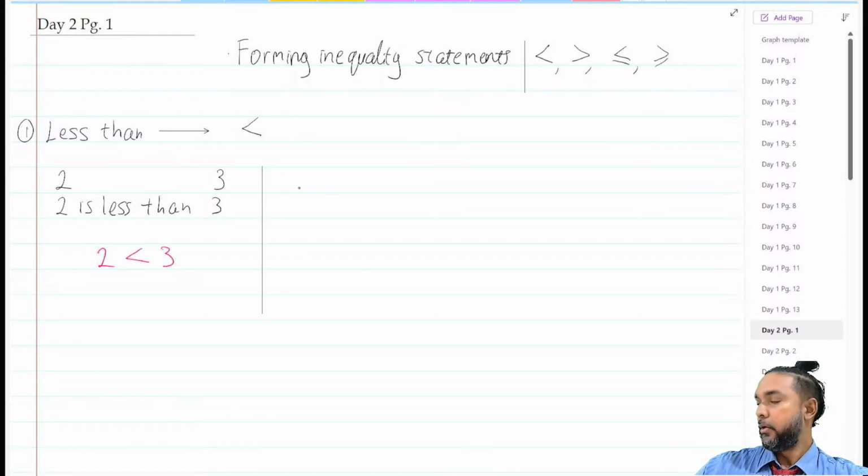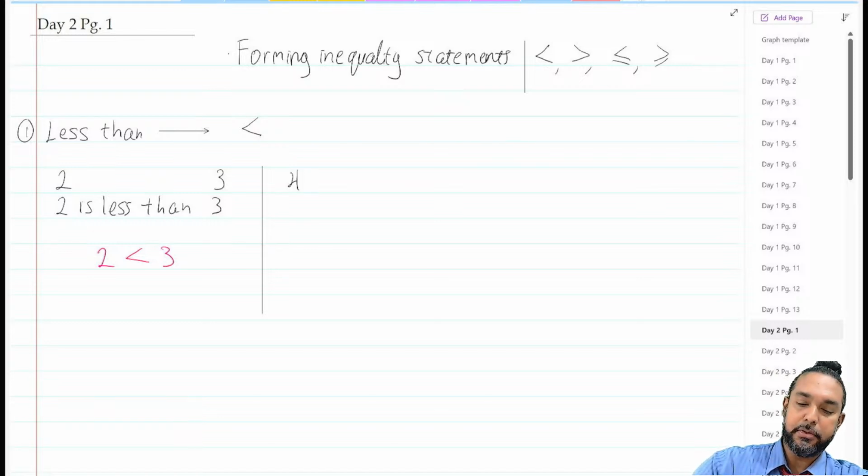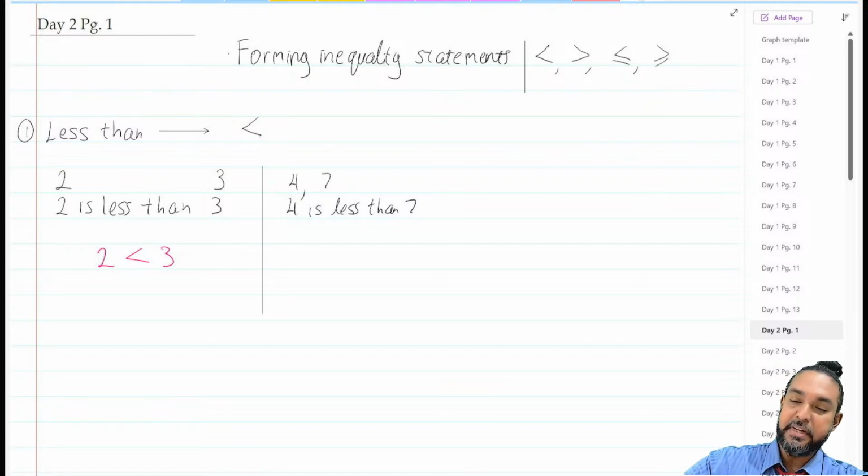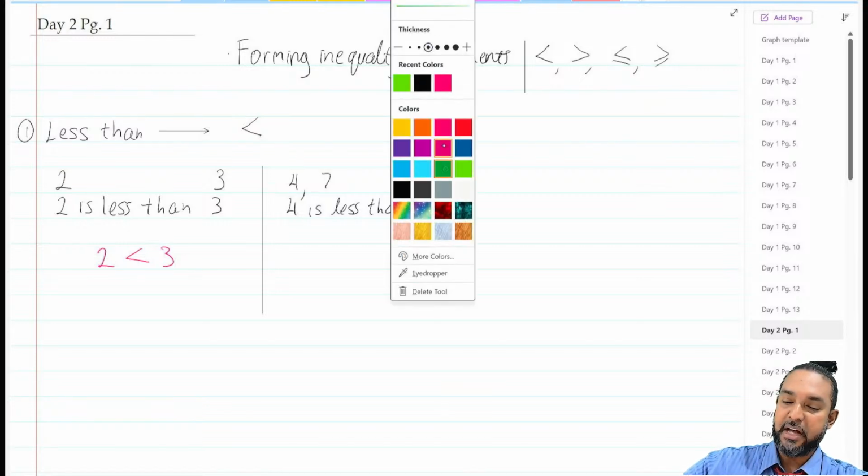All right. What about these two numbers? 4 and 7. So what can we write here? We can write 4 is less than 7. Again, starting very easily, because I know people have issues with this topic.